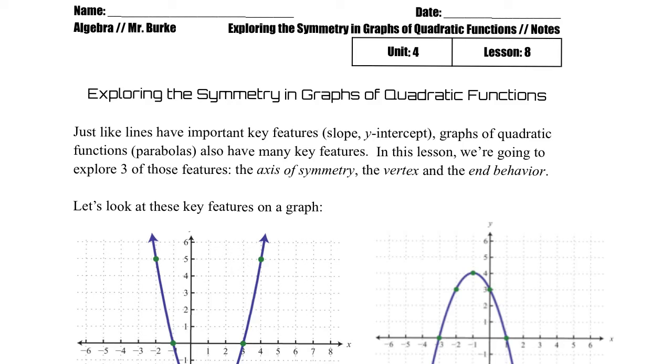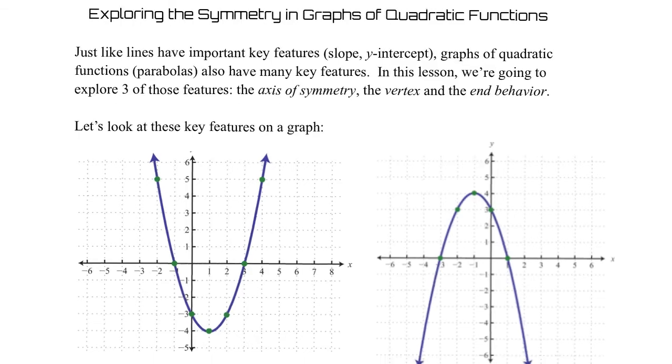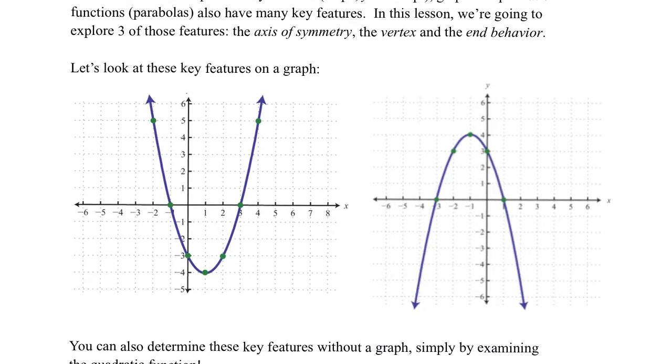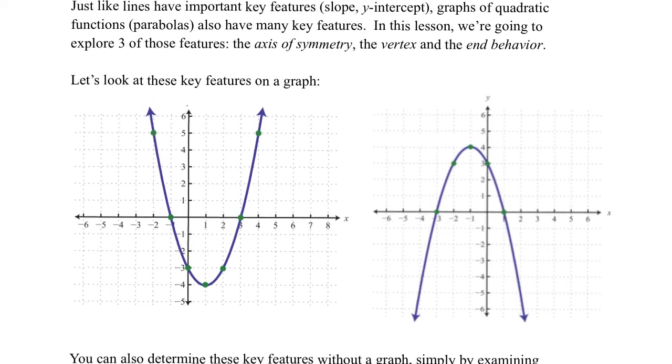Okay, so in this lesson, we're going to start exploring the graphs of quadratic functions, and they're called parabolas. The parabola is the shape, but the functions are quadratic, which is all the things that we've been studying in this unit, those x squared type functions. Now, with lines, we had key features.